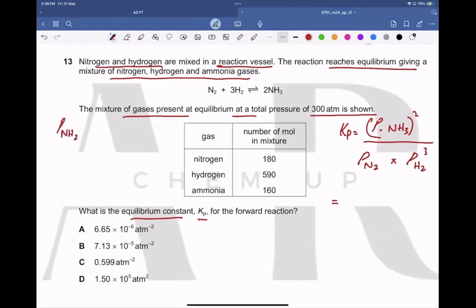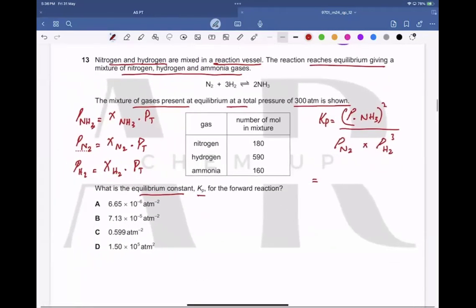Partial pressure of ammonia is equal to mole fraction of ammonia times total pressure. In the same way, partial pressure of nitrogen is mole fraction of nitrogen times total pressure, and partial pressure of hydrogen is mole fraction of hydrogen times total pressure. So let's put the values directly over here.